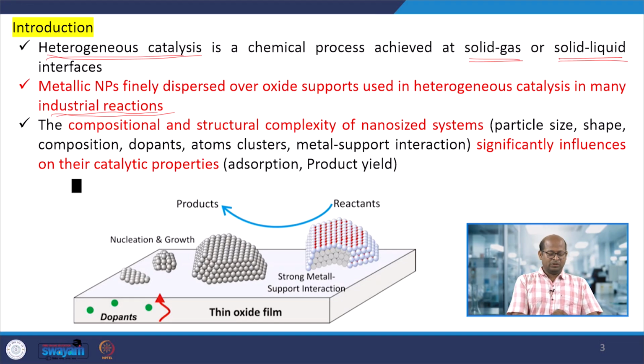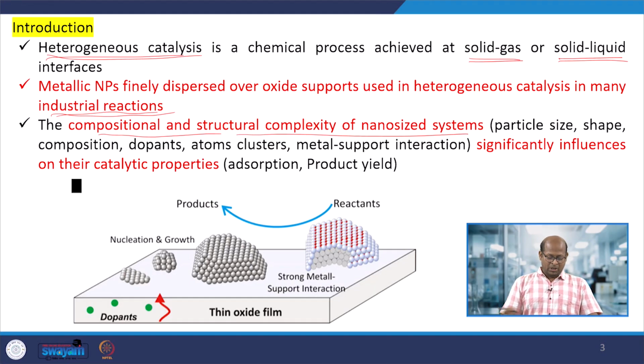Now, the compositional and structural complexity of nanomaterials in terms of particle size, shape, compositions, dopants, atomic clusters or metal support interactions significantly influences the catalytic performance in terms of adsorption of the reactants, and at the same time yield of the products.